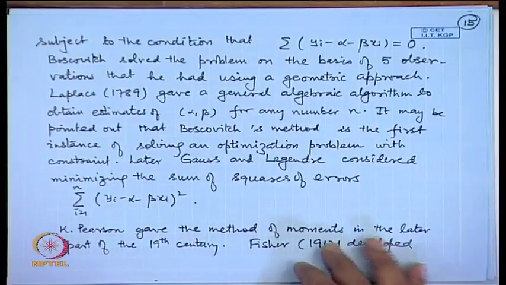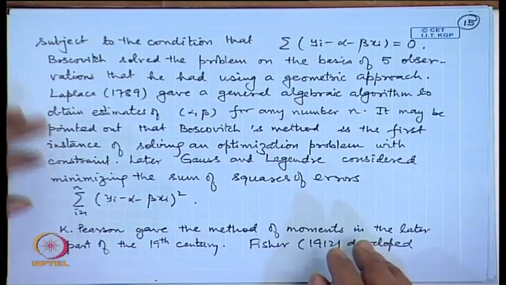So, this was called regression towards normality of the heights, and the first studies, or first model, of simple linear regression were made at this time. Later on, Karl Pearson developed the method of moments in the latter part of the 19th century.